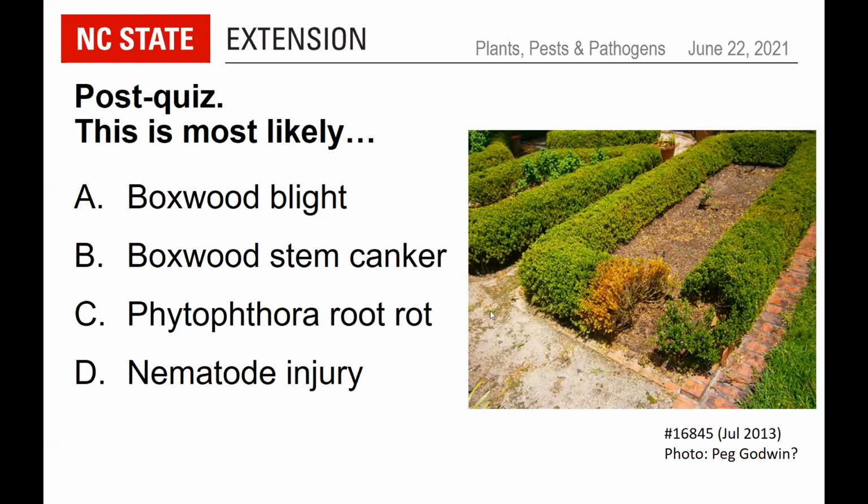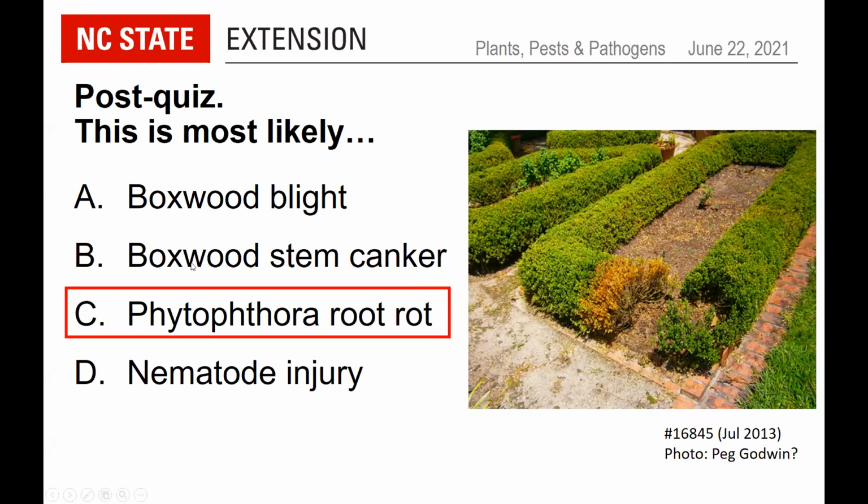How did we get to that conclusion? Let's see. There it is. So we can rule out boxwood blight fairly easily here because it would be less concentrated in just one spot if it were this severe.